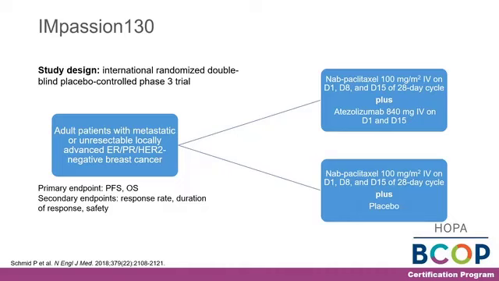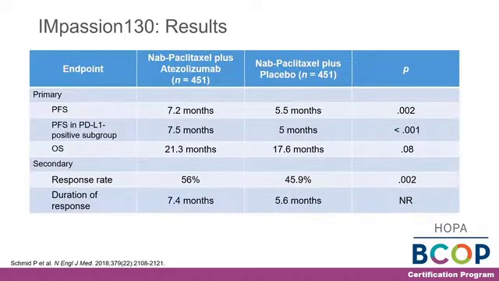The primary endpoints here were progression-free survival and overall survival. And as you can see here, the addition of atezolizumab to nab-paclitaxel increased progression-free survival by about 2 months compared to nab-paclitaxel alone. And then even further, they looked into the group of patients who had PD-L1 positive breast cancer.